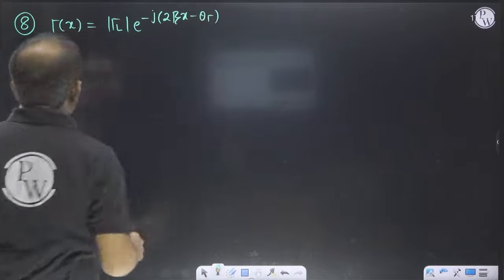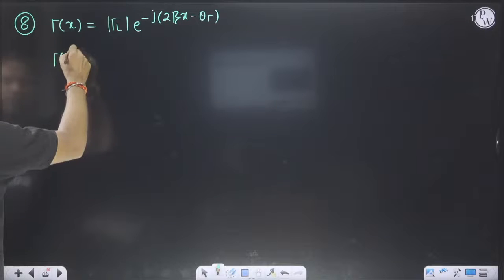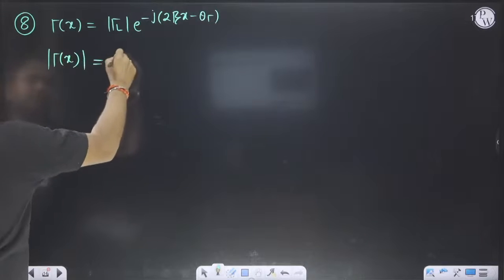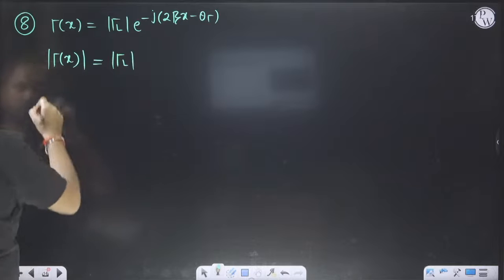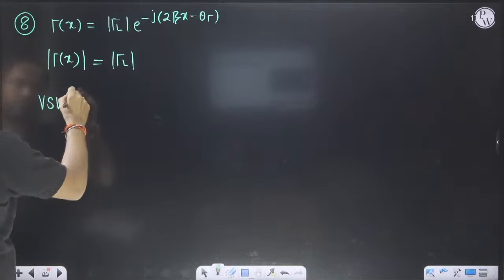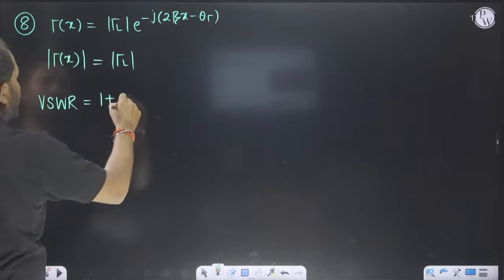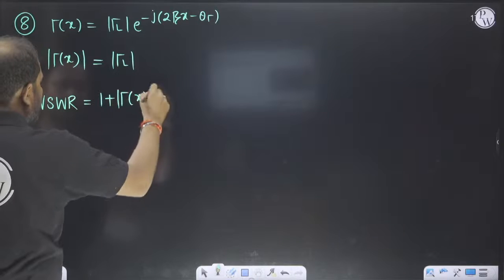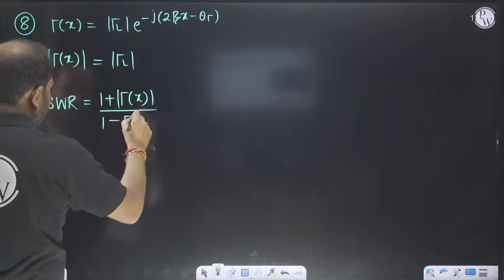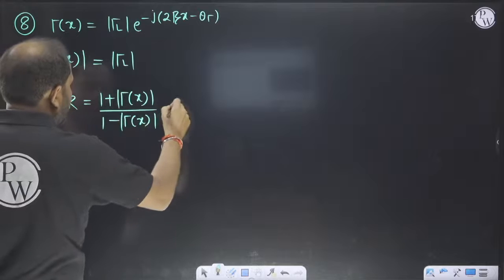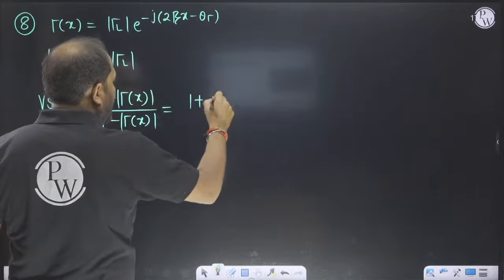Then we have the magnitude of gamma x. Magnitude of gamma x is equal to magnitude of gamma L. So VSWR will be equal to 1 plus mod gamma x over 1 minus mod gamma x. So VSWR is the same everywhere.